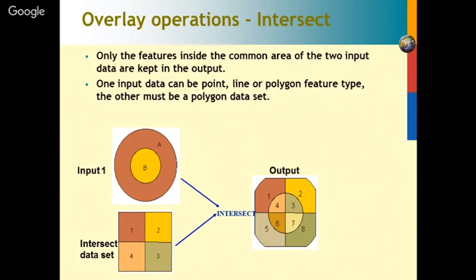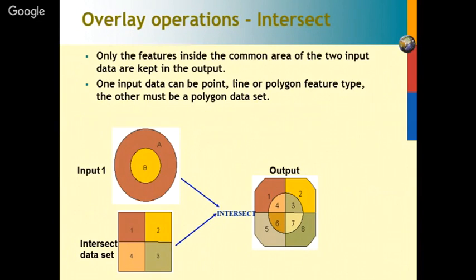We have one input and the corresponding two features. Based on those two features, in the intersection areas of the spatial domain, whatever is the common area will be taken in.